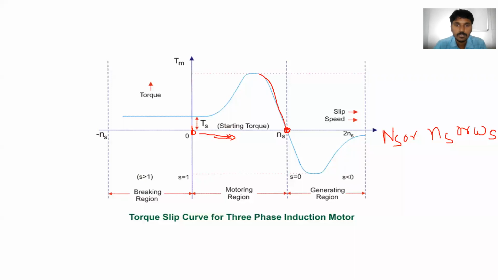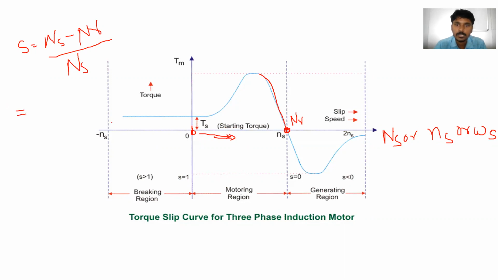The torque becomes zero at this position because, for example, this is the synchronous speed, and the motor is also rotating at this speed, meaning synchronous speed is equal to motor speed. So we can say slip S is equal to (ns minus nr) upon ns.